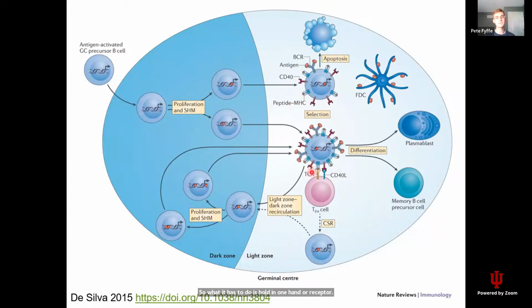So by interacting with the T cell gives the B cell some survival signals that would then either allow it to re-enter the dark zone, or if it fails to receive help at all, then it may undergo apoptosis. So what that means is if you have some B cells that are not very successful and they do not have a very good antibody, then they should die off.